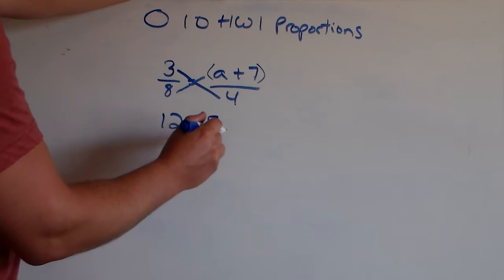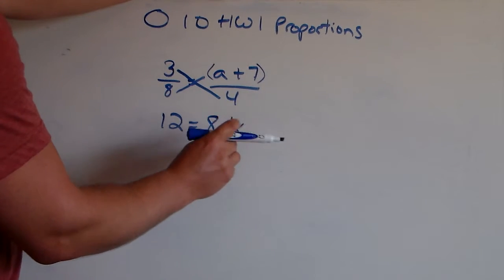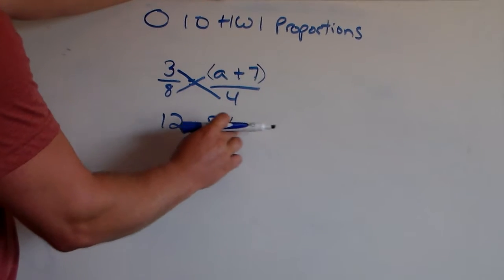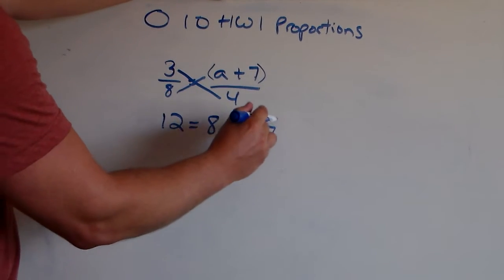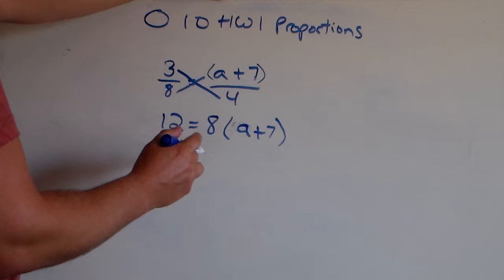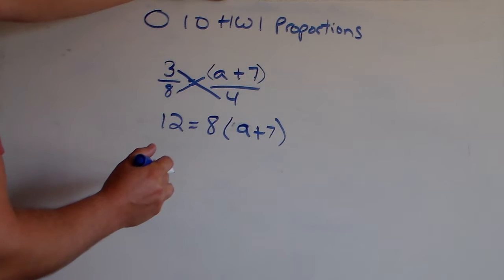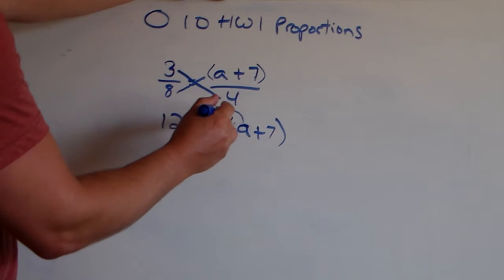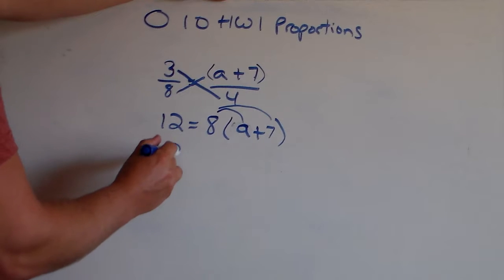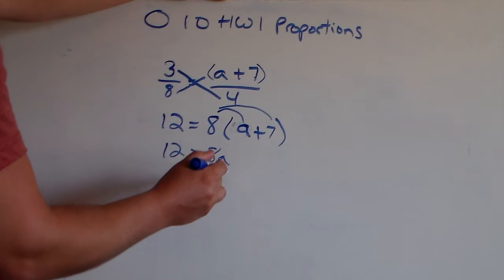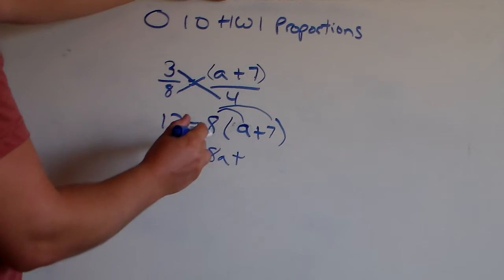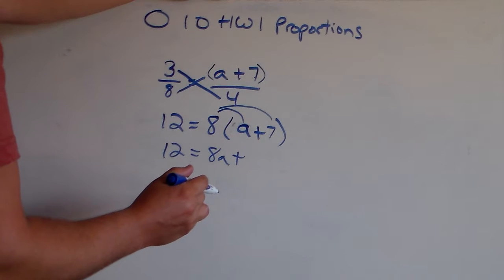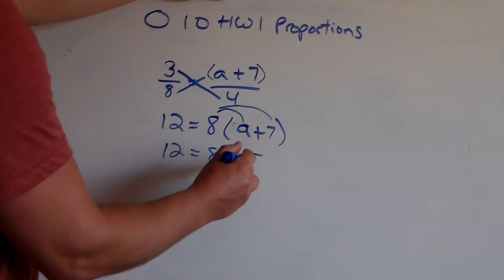So 8 times (A plus 7). The parentheses help remind us to distribute, which is our next step. We're going to distribute. So we're going to have 12 equals 8A plus 8 times 7. Well, that's 28 times 2, which is 56.